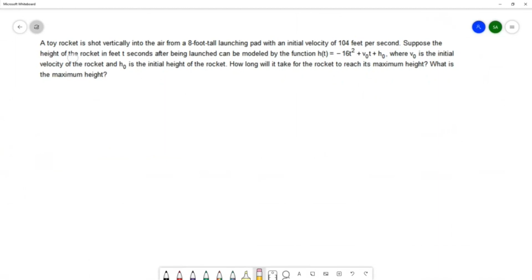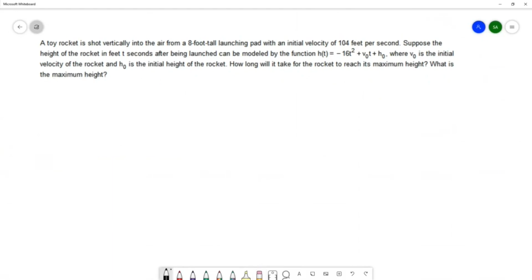Suppose the height of the rocket in feet t seconds after being launched can be modeled by the function h of t equals negative 16t squared plus v naught t plus h naught, where v naught is the initial velocity of the rocket and h naught is the initial height of the rocket. How long will it take for the rocket to reach its maximum height, and what is the maximum height?